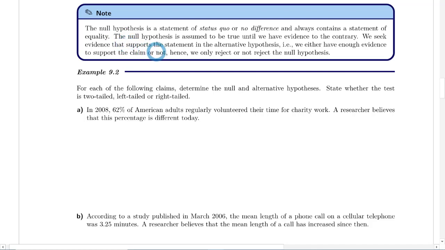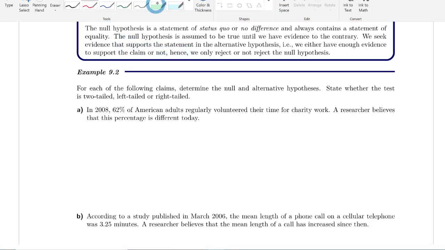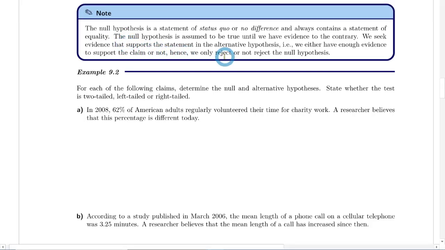So in this class we're always going to look at this as we reject or not reject the null, because we always assume the null hypothesis is supported. We'll have a lot of practice at this, but for now just get it in your head: status quo, reject or not reject.